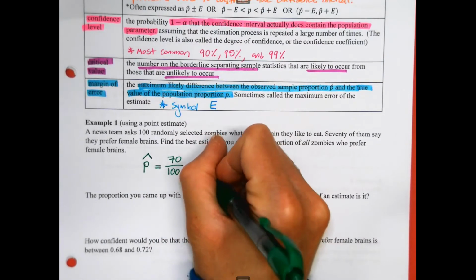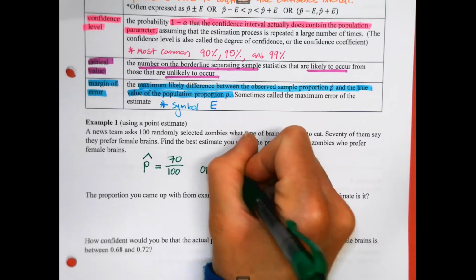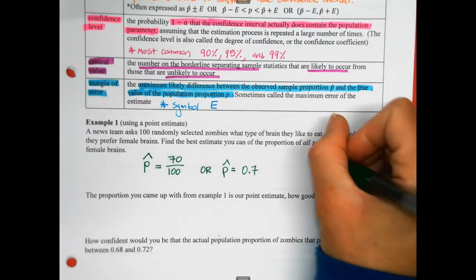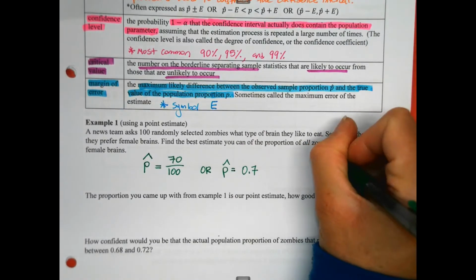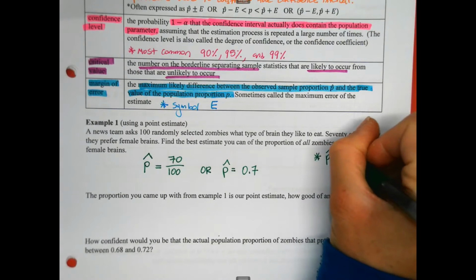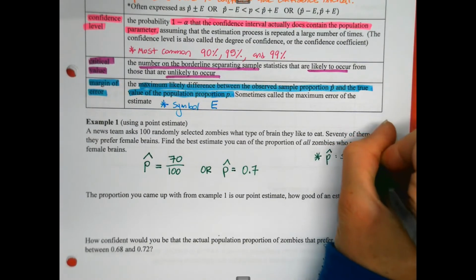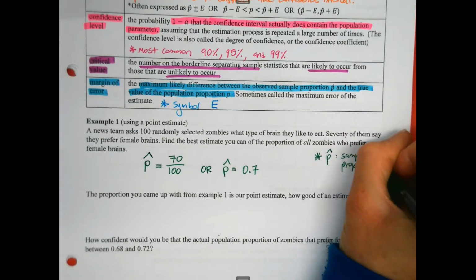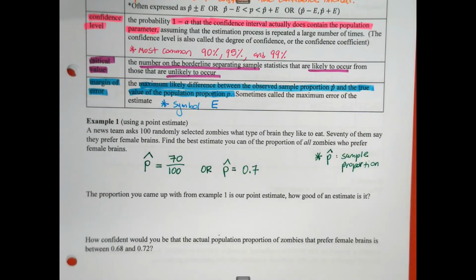Or we could say p hat is equal to 0.7. As a side note, p hat is going to be the sample proportion. Just how x bar is our sample mean, p hat is the way that we'd write a sample proportion.